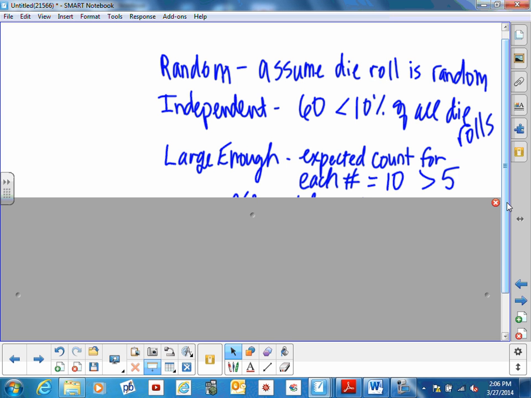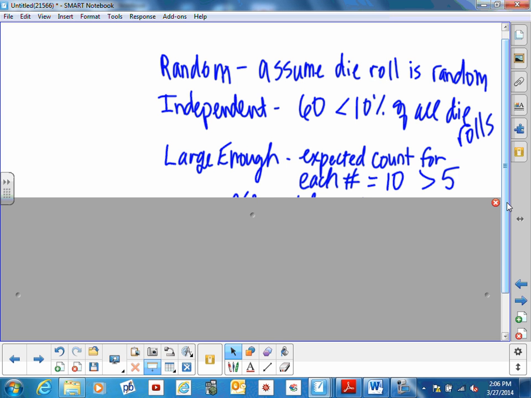Our independence, how do we know that 60 is less than 10%? Well, I'm making an assumption that I could roll this die a whole bunch more times, and that the 60 is less than 10% of all the times I could roll this die.